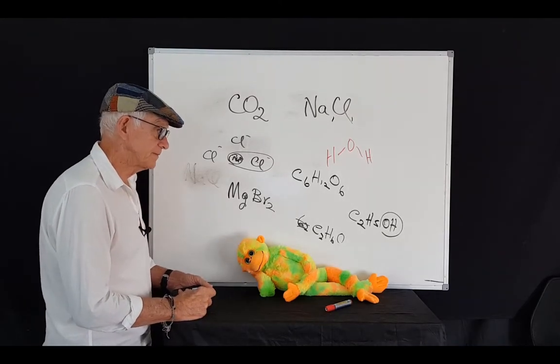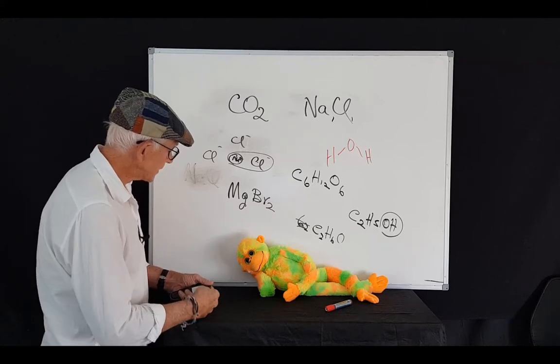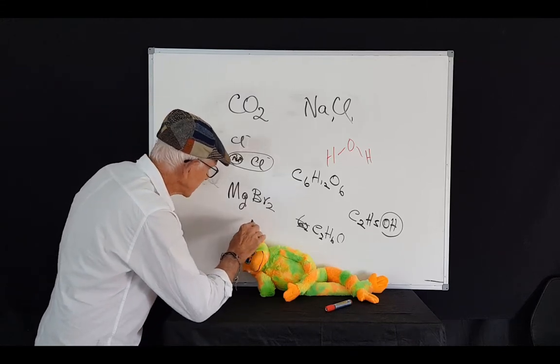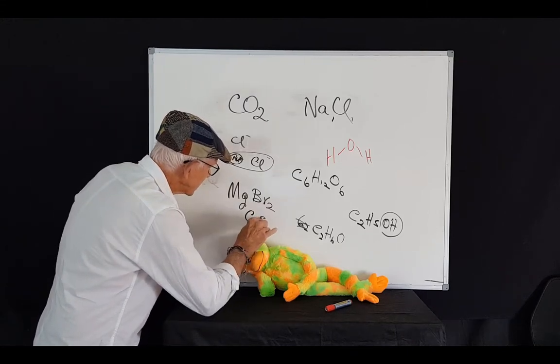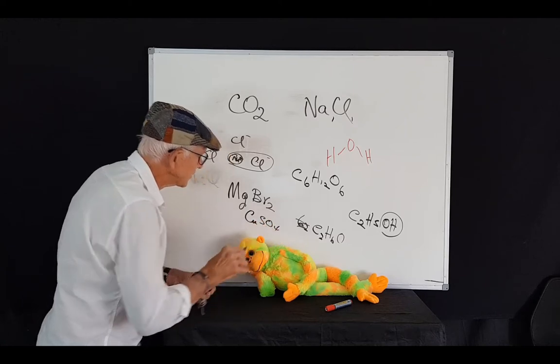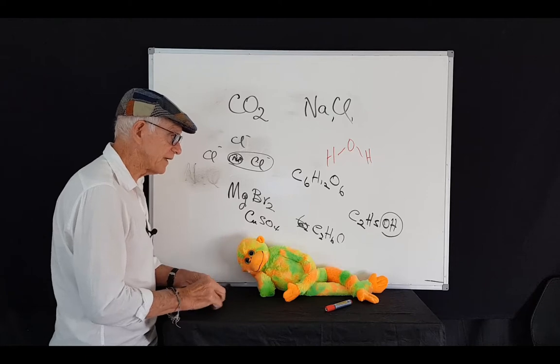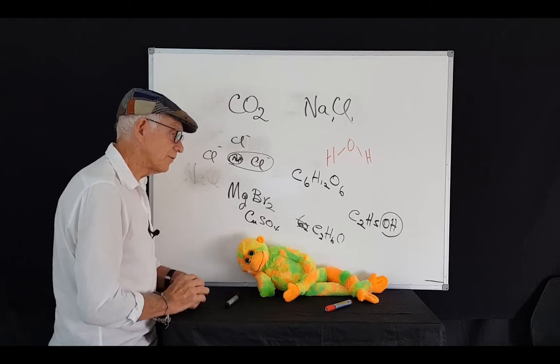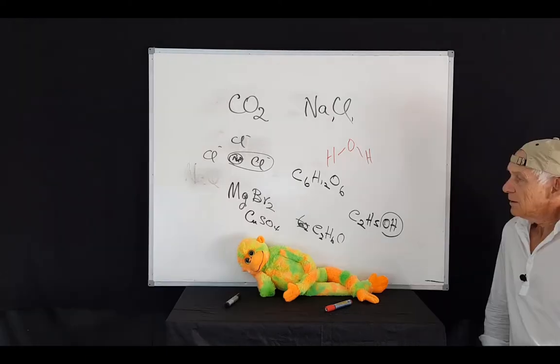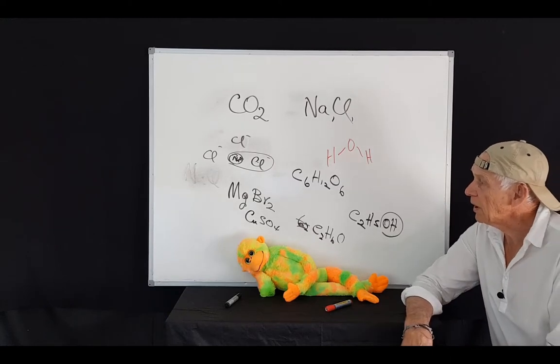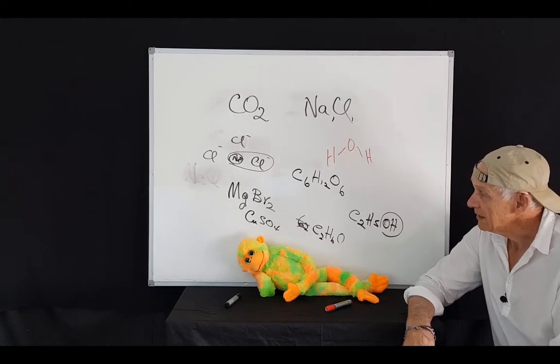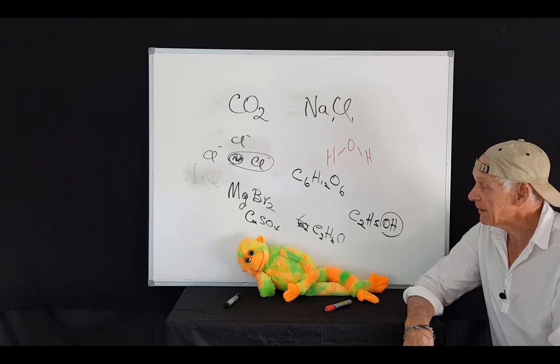Yeah. And another example, copper sulfate. CuSO4 is the formula for copper sulfate, an ionic compound. What does that formula tell us? It's a bit more complex. Ionic compound.